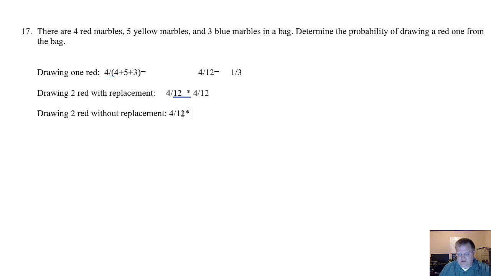So the first time I reach in, it's 4 out of 12. But if I keep one out, then instead of having 4 the second time, there's actually 3. And instead of having 12, there's actually 11 total. And so we'll go back in Excel here and do both of those so we can get a simplified fraction.